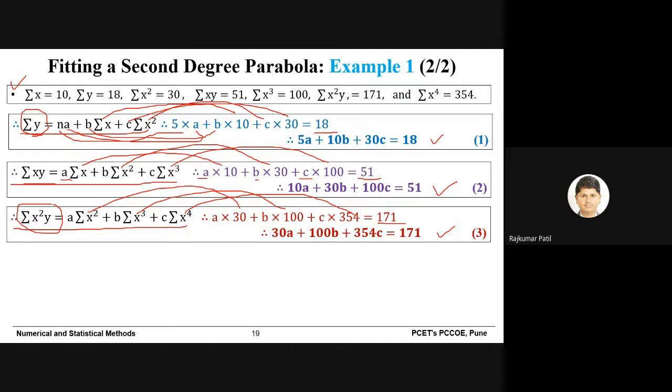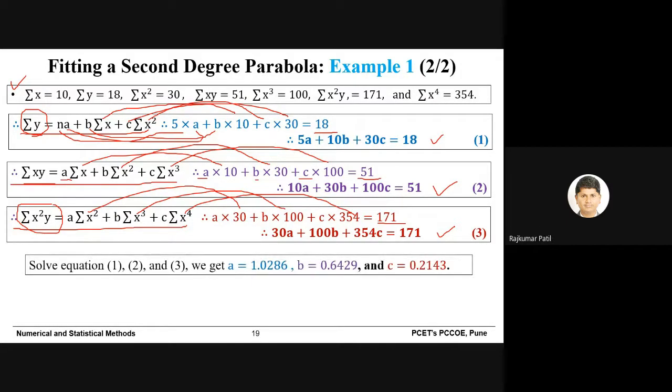That will take time, and this will be good practice to solve the problems from unit number 1 as well. So you can see the application of simultaneous equations in unit number 3, and even in real life, as I already told you two lectures back, in so many real-life cases you need to fit a second degree parabolic curve, and there you will get equations 1, 2, 3 like this, and you need to apply simultaneous equations again to solve them.